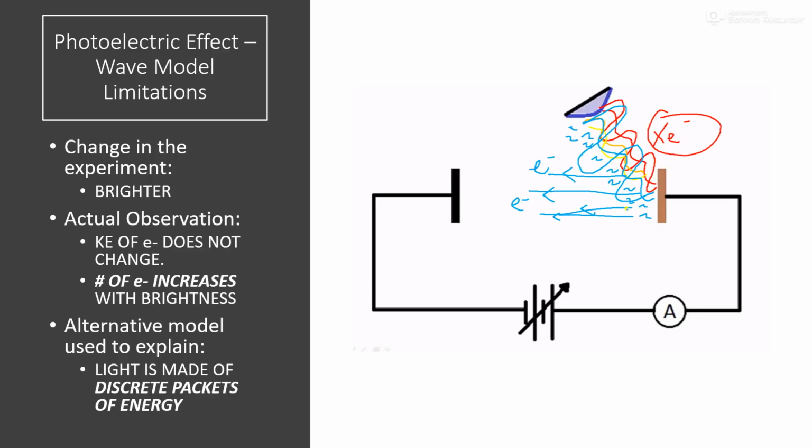The brighter it is, the more wavelets I get hitting this plate, and the more electrons I can get coming out. So light is basically made out of these discrete packets of energy, right?